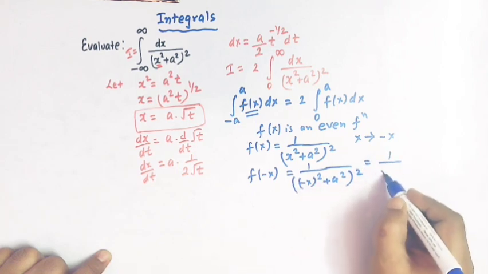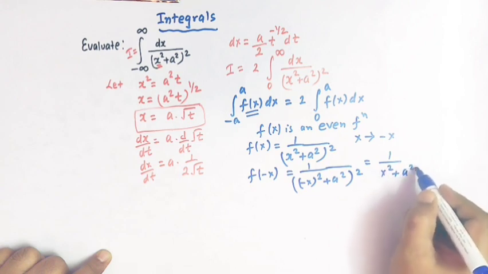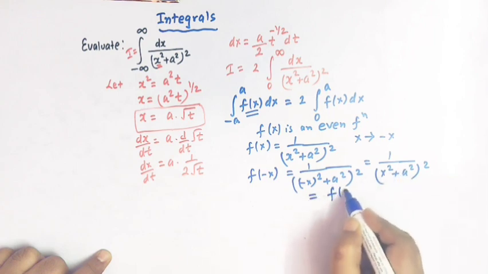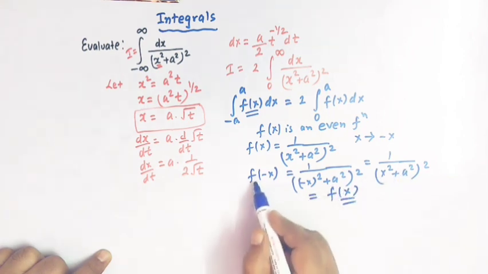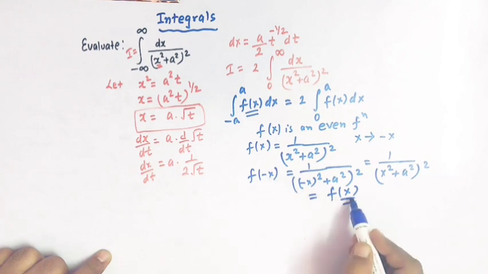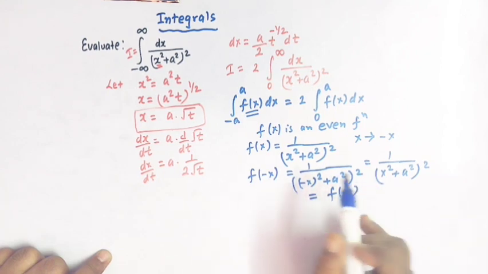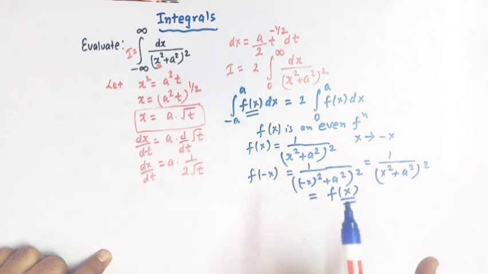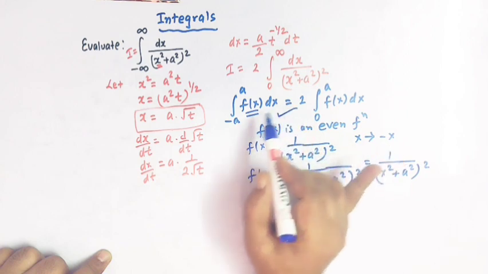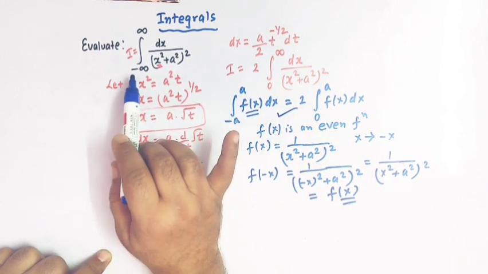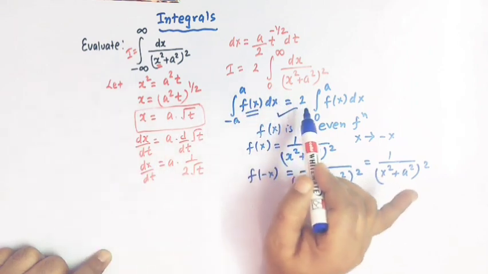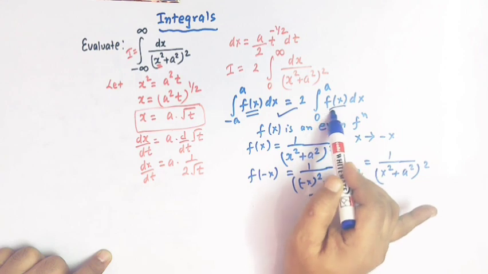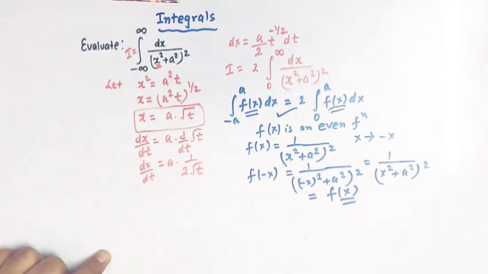Minus x square is simply x square, so we again get the function itself. So f of minus x is equal to f of x, which suggests that the integrand is an even function. So we can apply this property. Instead of minus a to a, here we have minus infinity to infinity, so this is 2 times the integral from 0 to infinity of f of x.